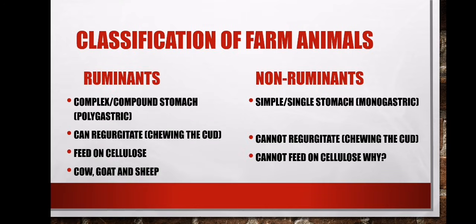Why don't they have microorganisms? Because we have to understand that microorganisms can be found in the reticulorumen, the rumen and the reticulum. So a non-ruminant does not have those two chambers. As a result, they do not have microorganisms that are able to digest cellulose. So they cannot feed on cellulose because they are unable to digest it.